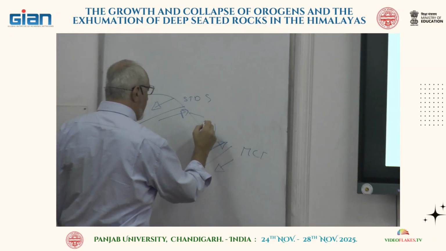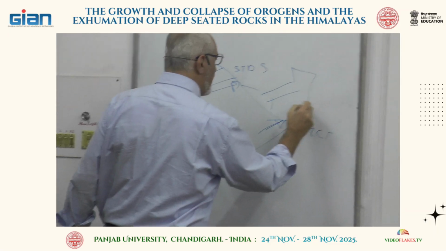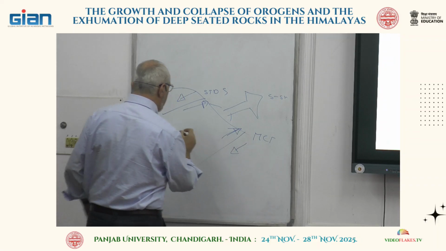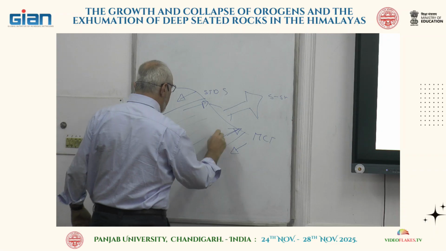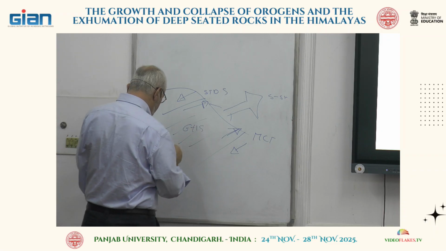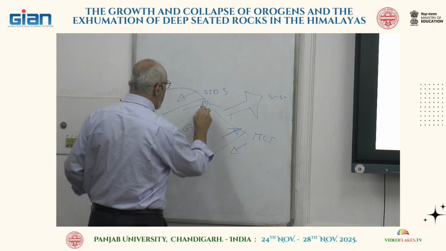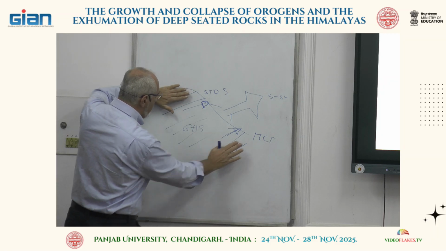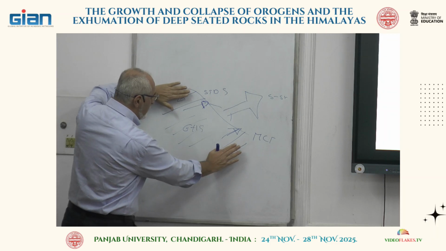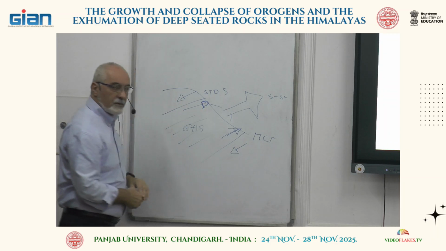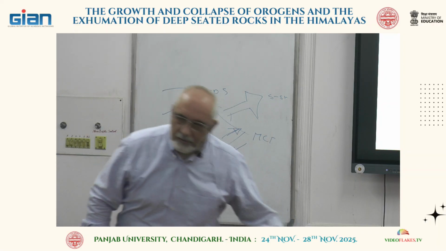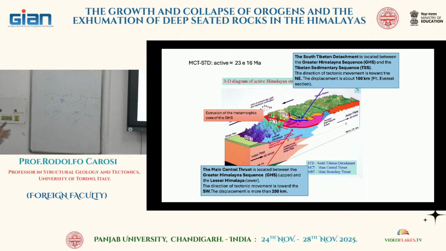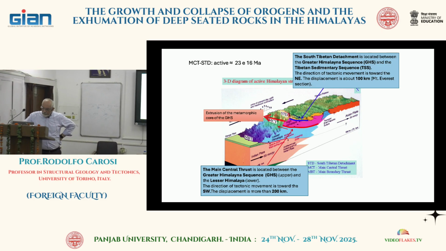So if you sum up these vectors, you have a big one toward the south-southwest. So it means that these kinds of rocks in the Greater Himalayan sequence are extruded, are pushed towards the south by the kinematics of these faults. Because you move this part down and this part up. So just as a consequence of the kinematics of these two bounding fault shear zones, there is a movement to the upper part.